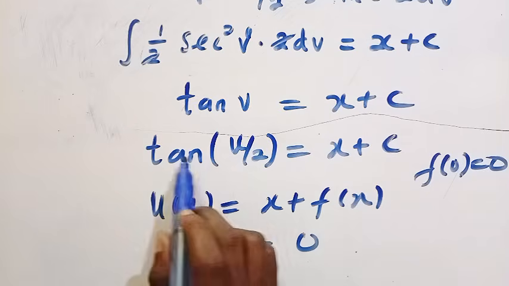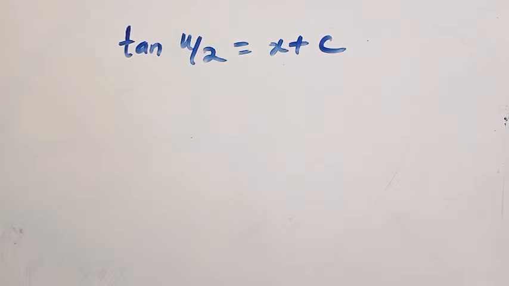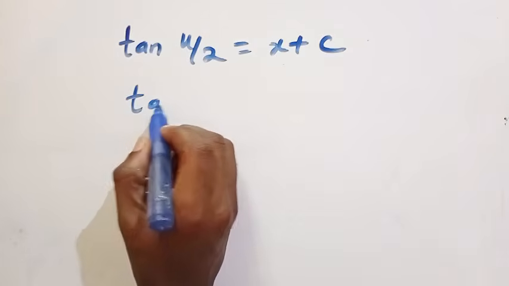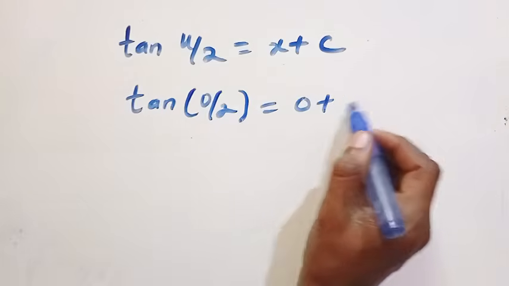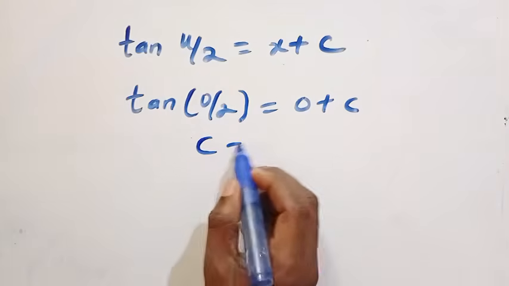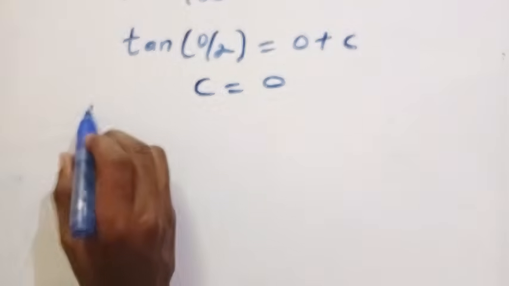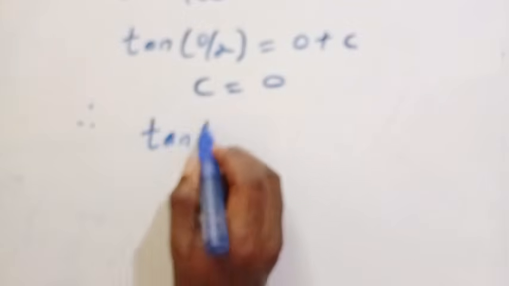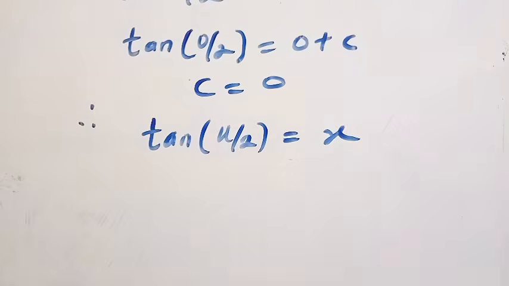Then if you come back to tan of u over 2 equals x plus c, we can replace it at that part as well. So when x equals 0, we have u over 2 equals 0 plus c, just to know the value of the constant. Everything becomes 0, and c here also becomes 0. If c equals 0, we then have tan of u over 2 equals x.